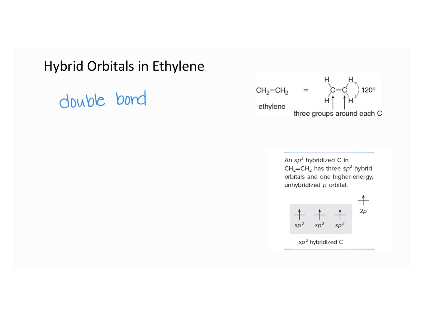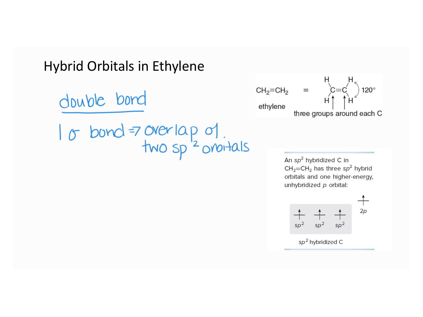So for a double bond, you have one sigma bond, which is the overlap of 2 sp2 orbitals, and then you have one pi bond, which is from the overlap of the two p orbitals.